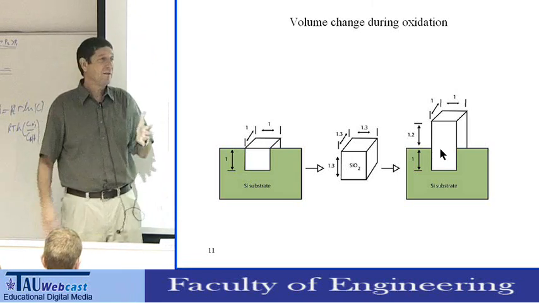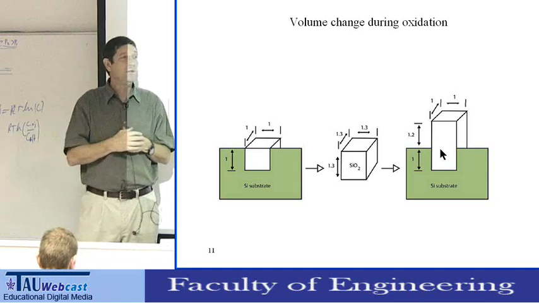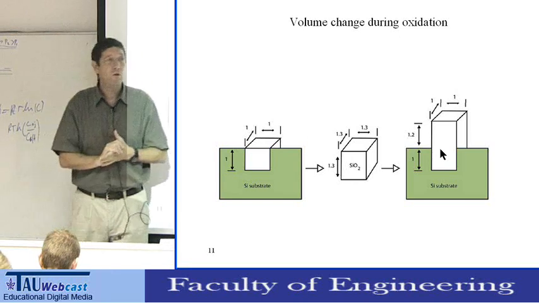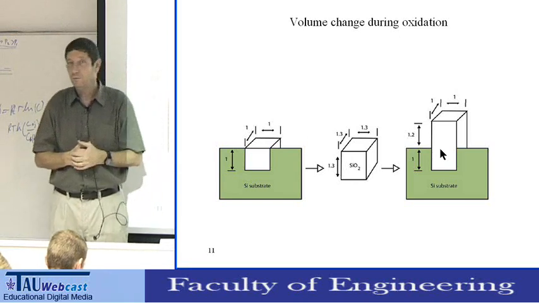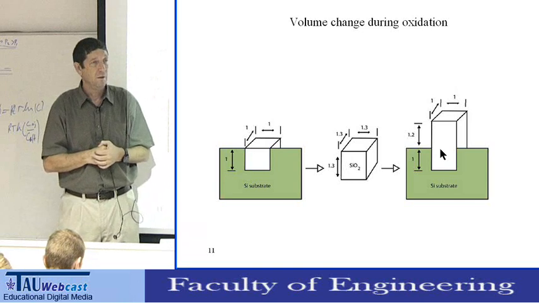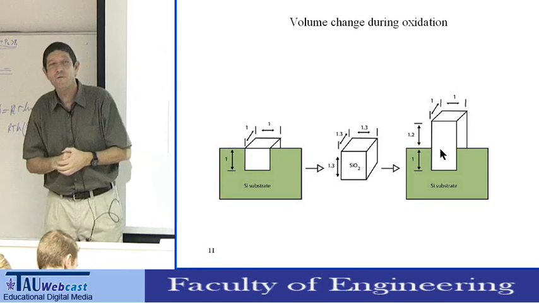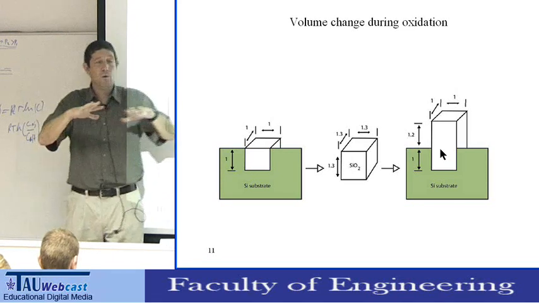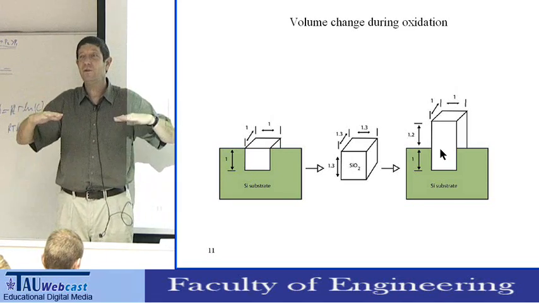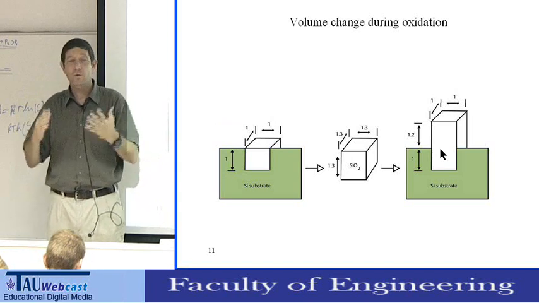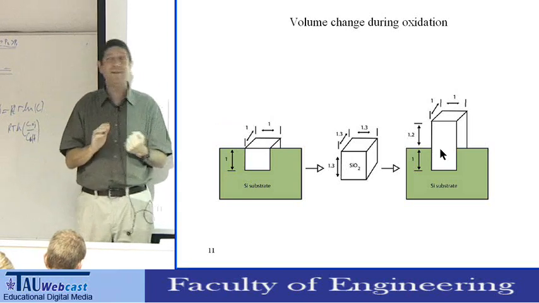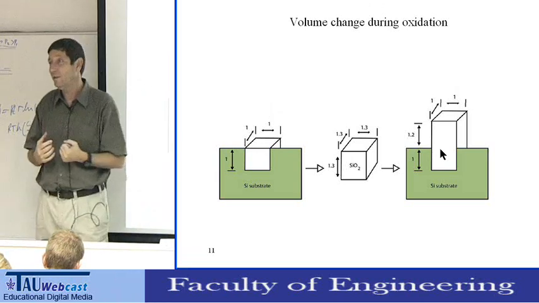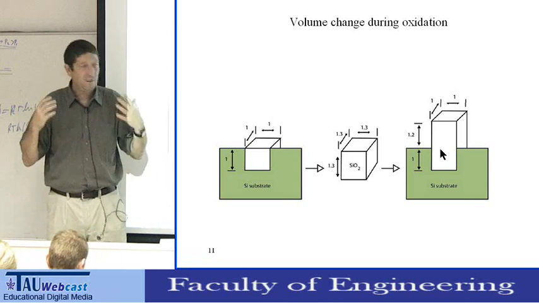Now this stress can be relieved or not, depending on the situation of the oxide. If you grow the oxide at very high temperature, more than 1,000 degrees, then the oxide behaves like a viscous or viscoelastic liquid, so it can flow. Then the stress is relieved. If you grow below 980 or 970 degrees Celsius, the oxide behaves like an elastic material and the stress stays.